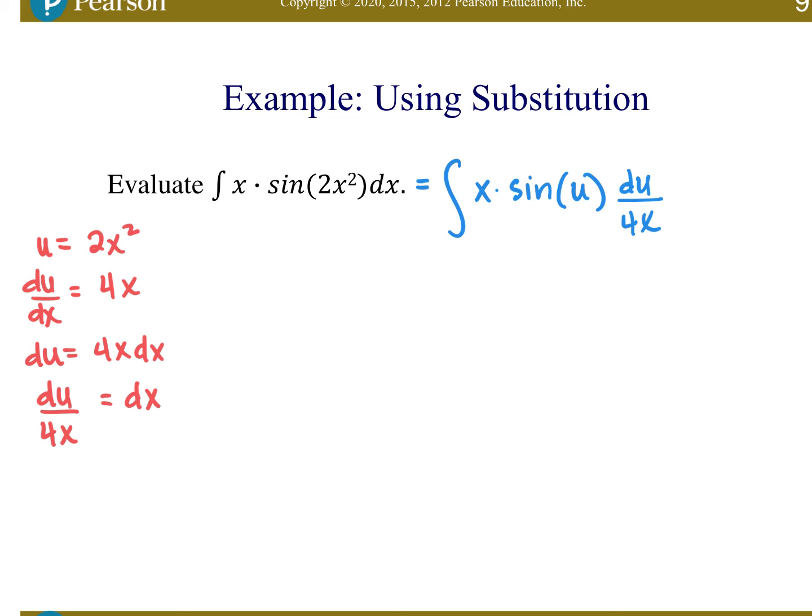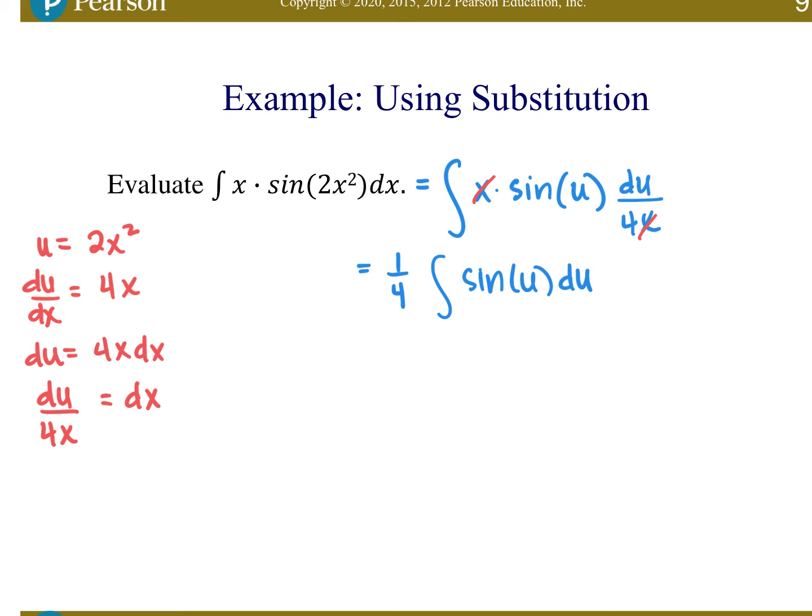And as we hoped, there's reducing to happen, and the x's can fully reduce, leaving me with a constant to pull out to the front. And so I'll pull the 1/4 out, and I'll be left with the sine of u, quantity, and then du. So it always should do that.